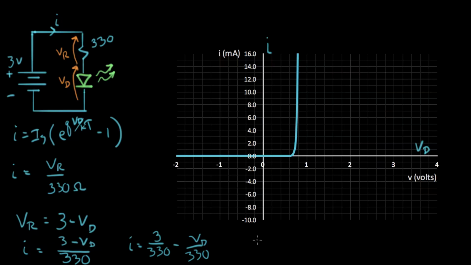Let me write this to recognize it as an equation of a line: I equals minus VD over 330 plus 3 over 330, which is 9 milliamps. So this is the equation of a line, and the slope is minus 1 over 330, and the I-intercept is 9 milliamps.